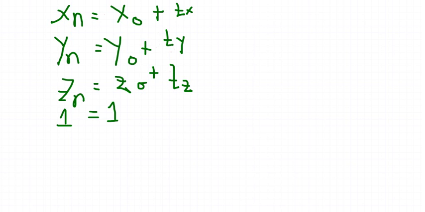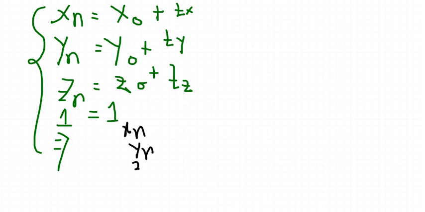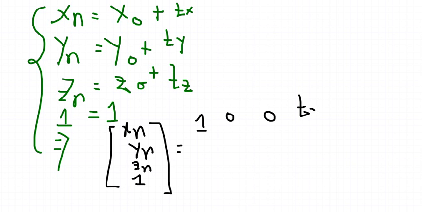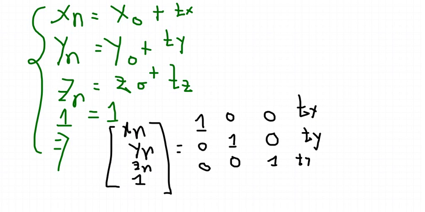So let me convert these four equations to a single equation involving the matrix xn, yn, zn, 1 on the left hand side, and on the right hand side you will have 1 0 0 tx, then 0 1 0 ty, 0 0 1 tz at the next row, and at the last row you have to adjust it for the homogeneous coordinate.